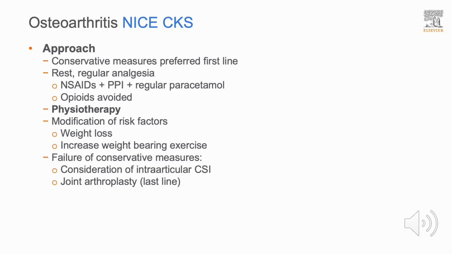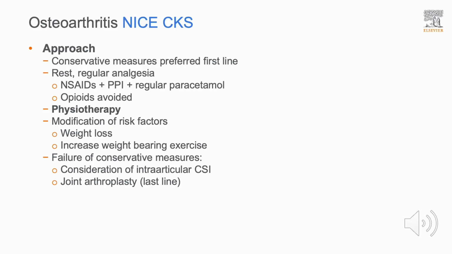The management of osteoarthritis is with a conservative approach in the first line, with rest and regular analgesia. NSAIDs can be particularly effective, and if taken regularly should always be combined with a PPI, and regular paracetamol is advised. Opiates are avoided due to limited clinical effectiveness, associated side effect profile and concerns regarding tolerance.